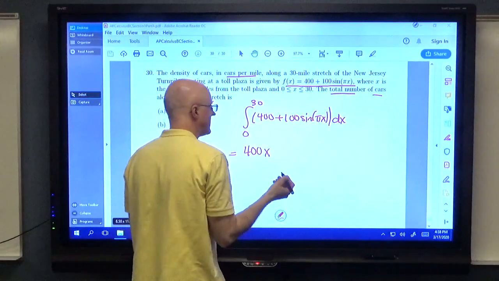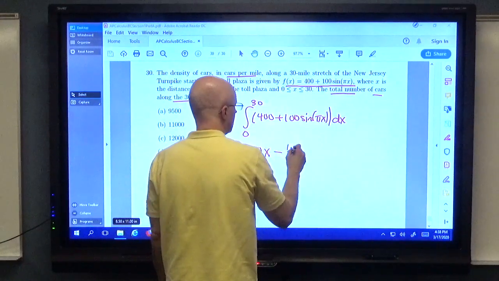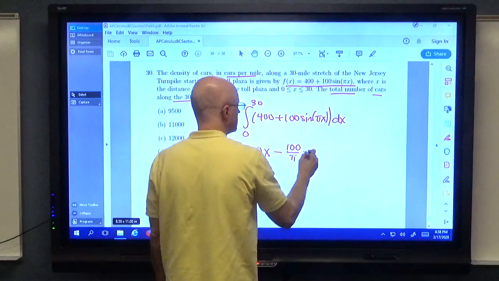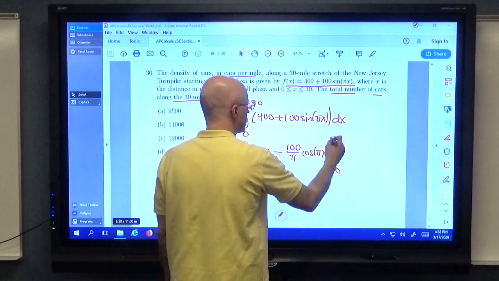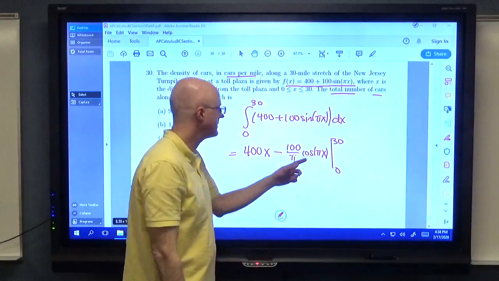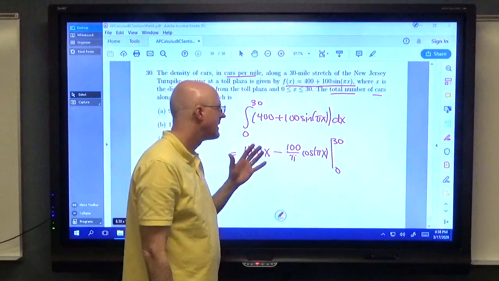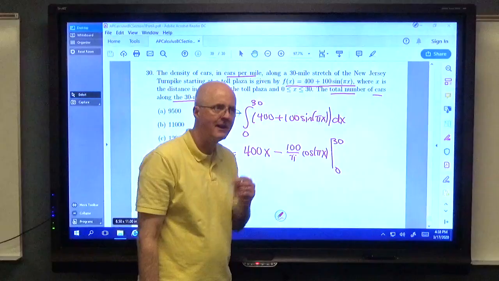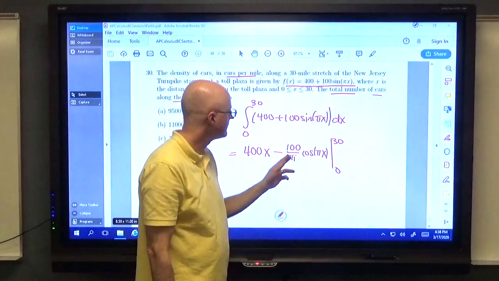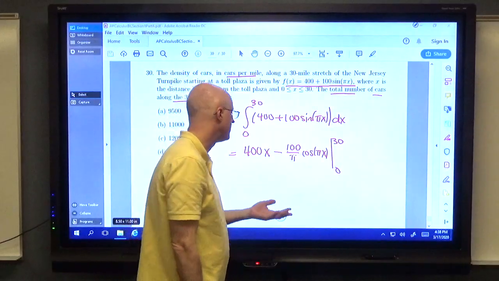If you want to be careful about it, write it as minus 100 over pi cosine of pi x, evaluated from 0 to 30. When you plug in 30 and 0, you'll get cancellation, because cosine of 30 pi and cosine of 0 are both 1. You get 1 minus 1 is 0, in spite of the 100 over pi up front. 100 over pi times 0 is 0.